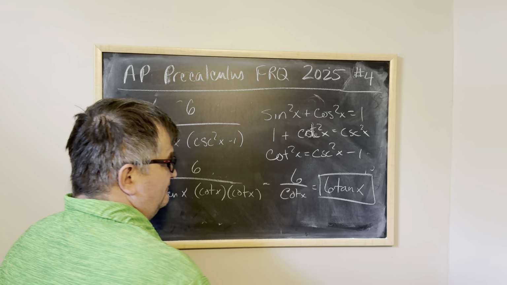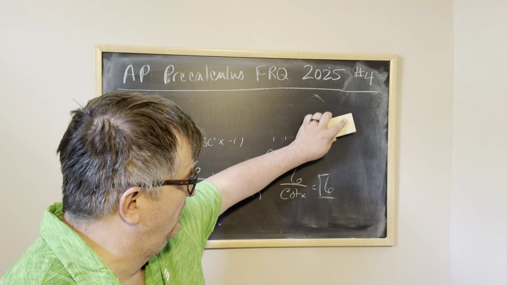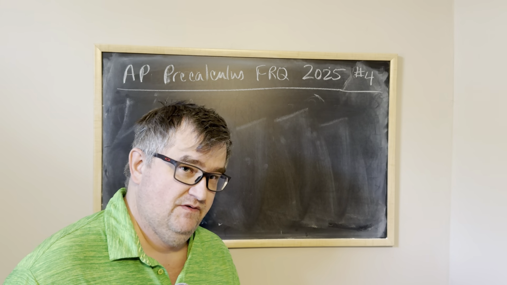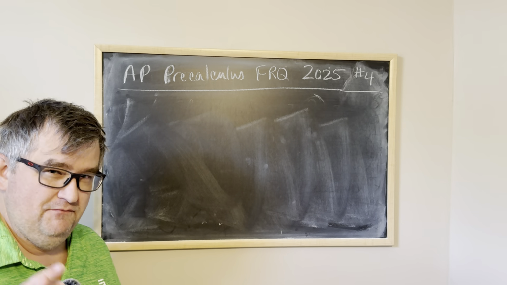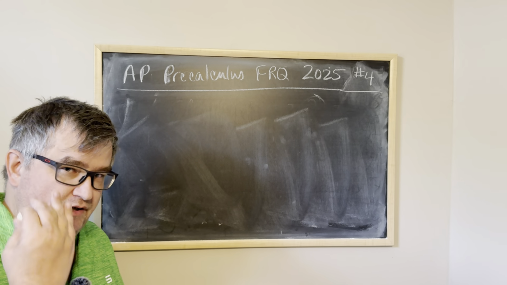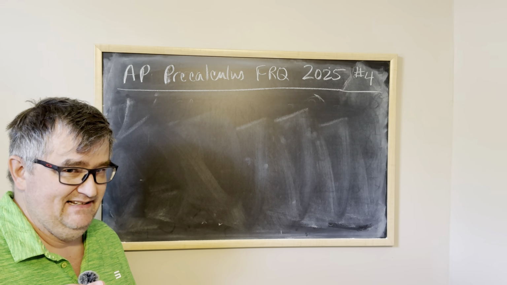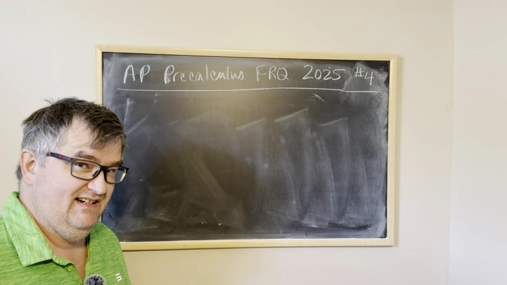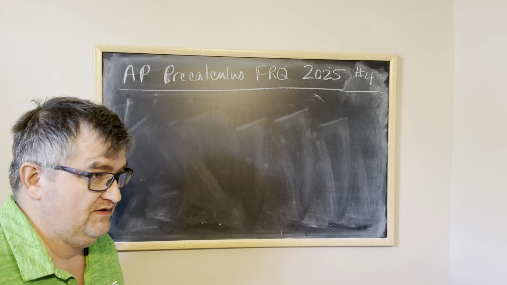So, my thoughts on question 4. As you saw and heard, I had a few little errors in this that I had to correct along the way. So this is a question where if you try to autopilot it, just like I did unintentionally, you're going to lose points.